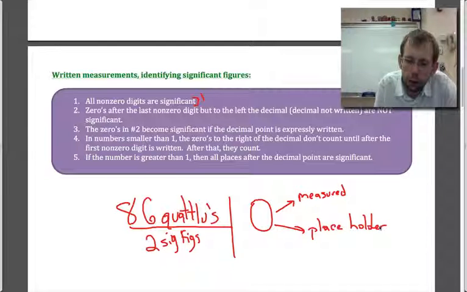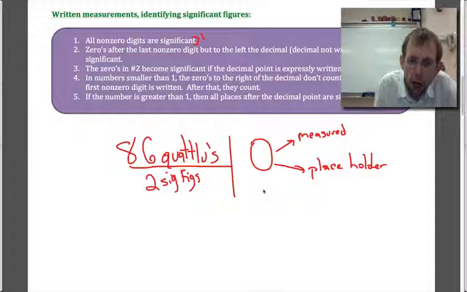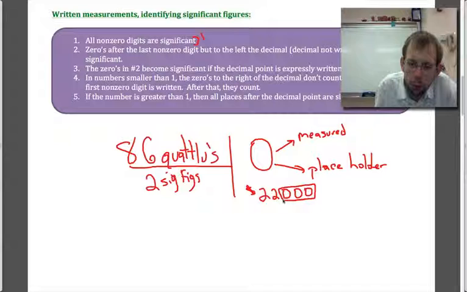Okay, for instance, you go to your bank account, and you guys are rolling in the dough. You look at your bank account. You got $22,000. You got more money than I'll ever have. $22,000. This is a measurement, so it's got a unit. American unit. That one goes in front. All right, so 22,000. Well, these zeros, really, in science world, those zeros are just placeholding because they're just pushing the 22 out there.